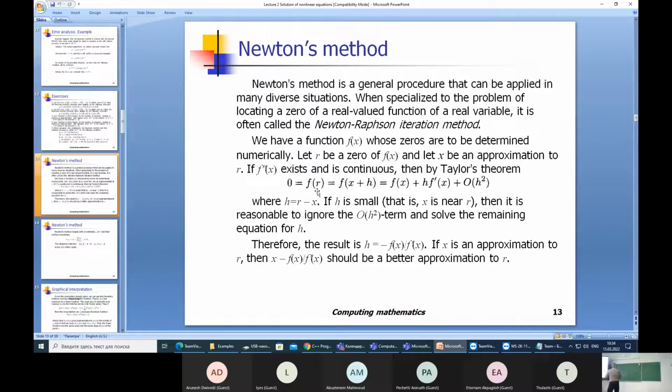We can ignore these terms if we suppose that h is rather small.